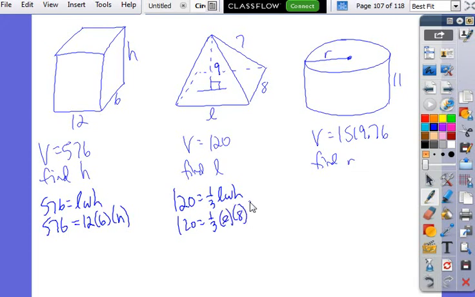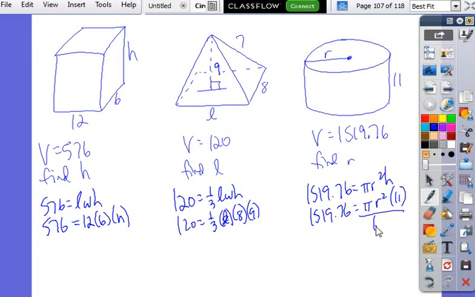Plug those in, multiply out the right, and divide. If it's one like this, divide by the 11 pi in this case, and then whatever you get here, you're going to have to square root.